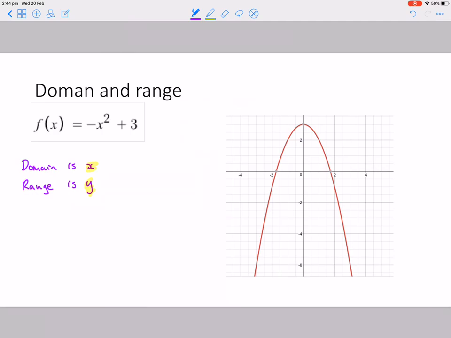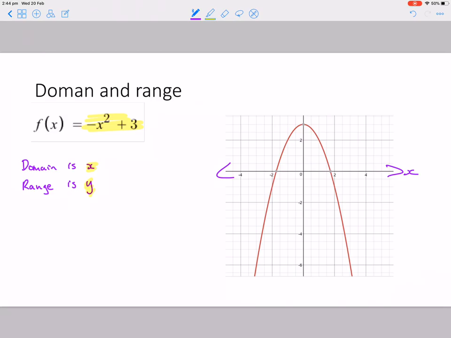So domain and range. So if I look at this function, which we just did, f of x equals -x squared plus 3, I've got the Desmos drawn one here. I apologise for those who don't like Desmos. And I can tell you that the domain, okay, so domain is x, so that's everything this way, because that's the x value.